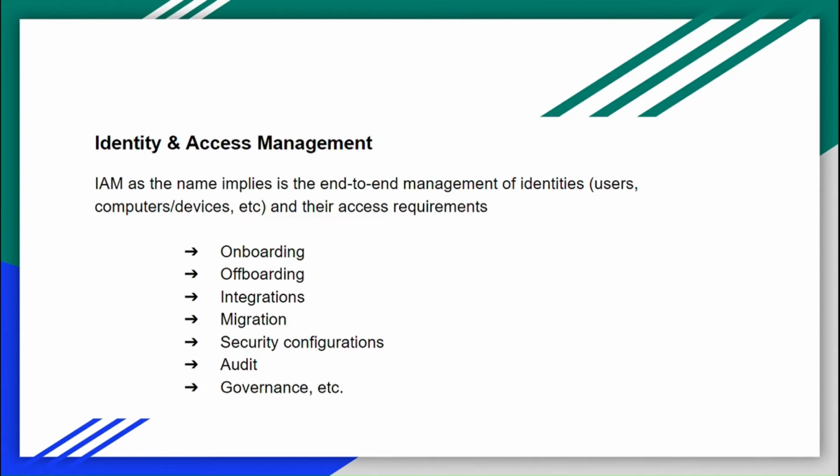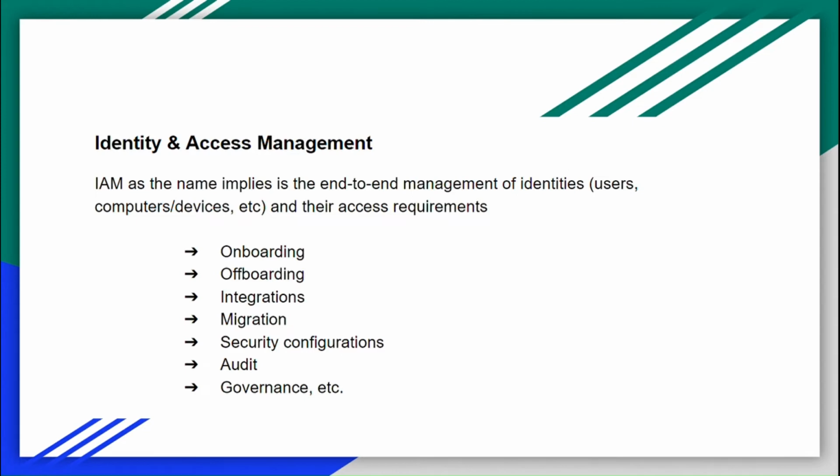Now, security configurations. Pretty much all the security configurations that need to be done within IAM. For example, if you are setting up second factor authentication for accessing your emails, or if an end user doesn't want to enter the password each time he logs into an application, so he gets configured with things like single sign-on, SSO, and multi-factor authentication.